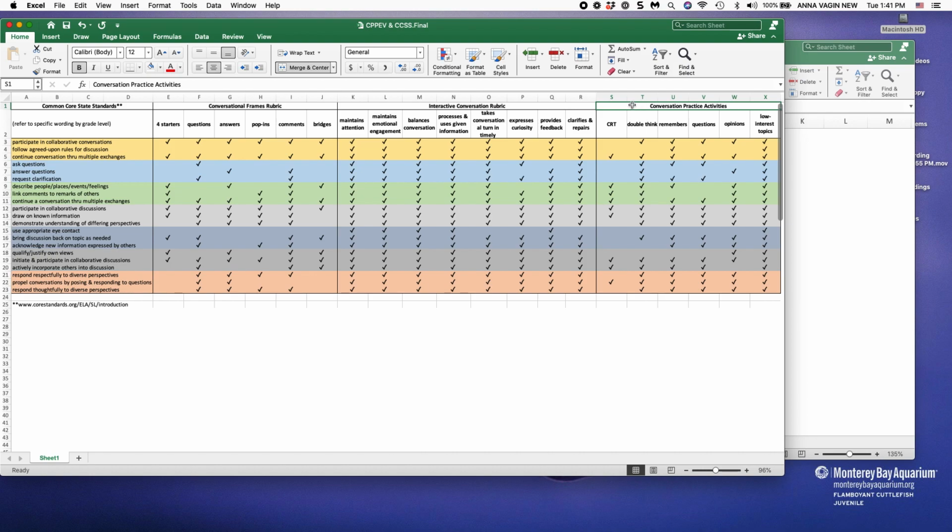There are also additional conversation practice activities listed. Those are the double think, the remembers, the practicing opinions, the being engaged in low interest topics, and the conversation in real time. And here at the right side is information about how they fit with the Common Core standards.